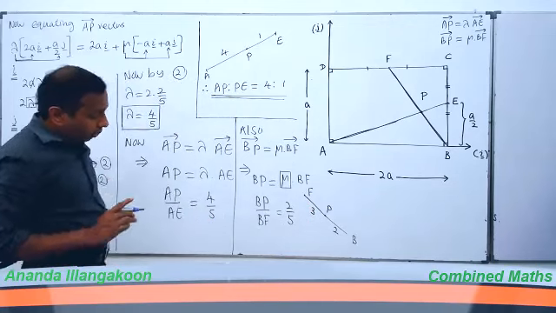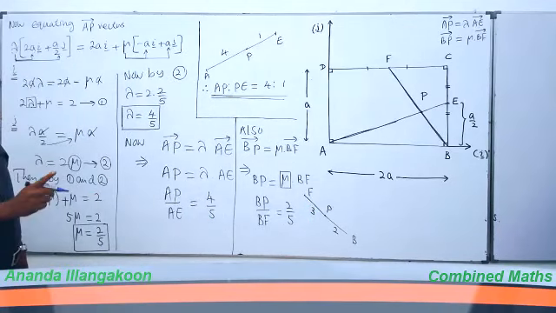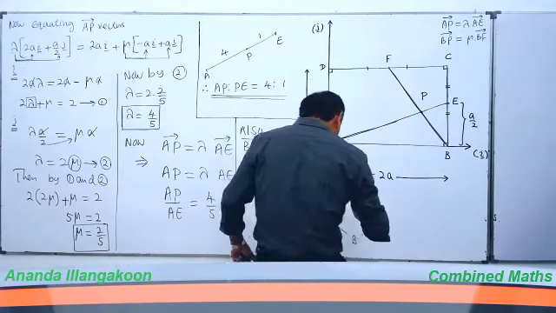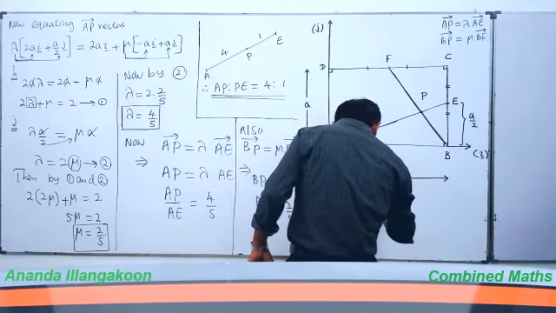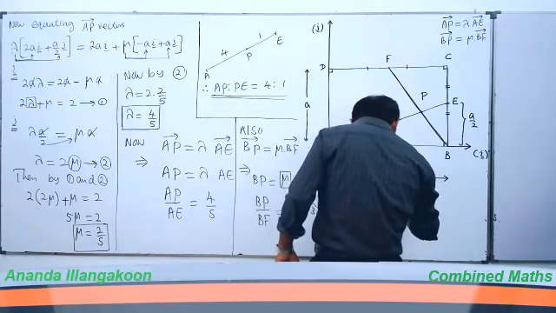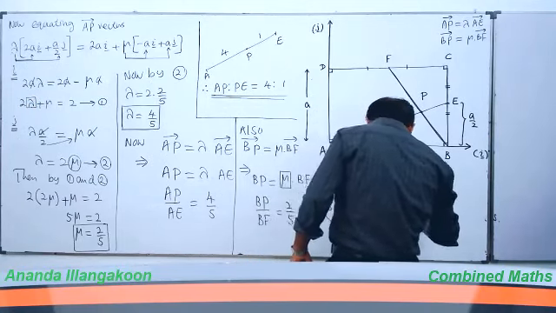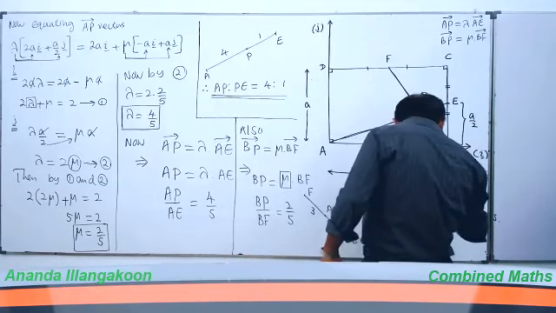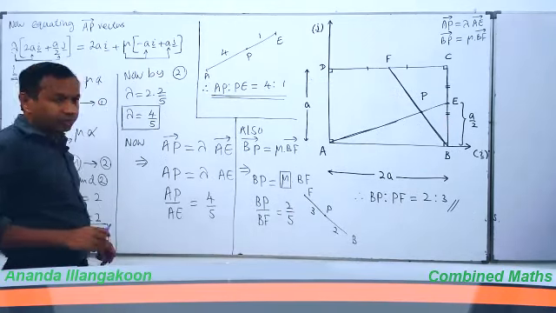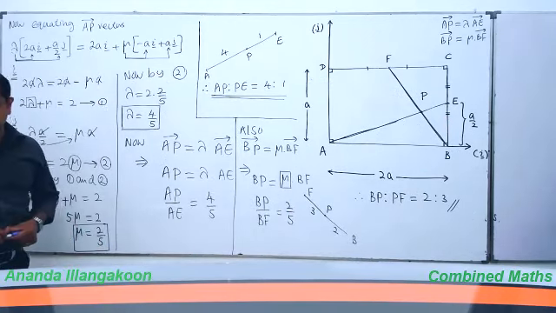Now we get BP is to BF as 2 is to 5. So we can write, therefore, BP is to PF is equal to 2 is to 3. So this is how we complete that question, right? Okay.